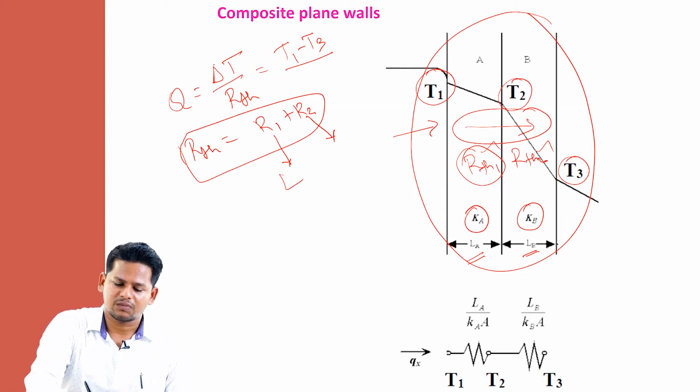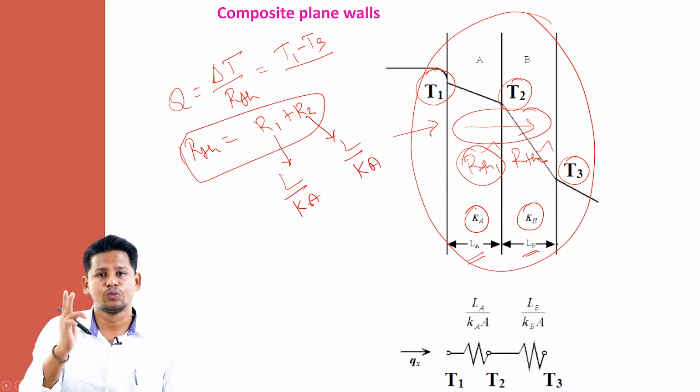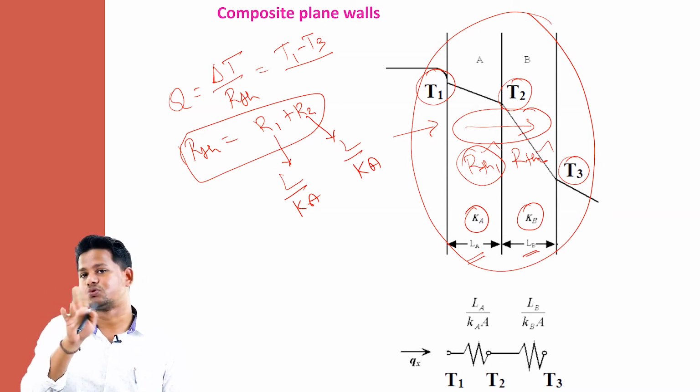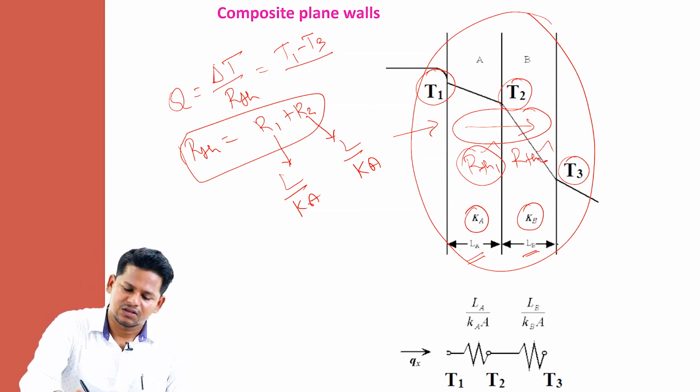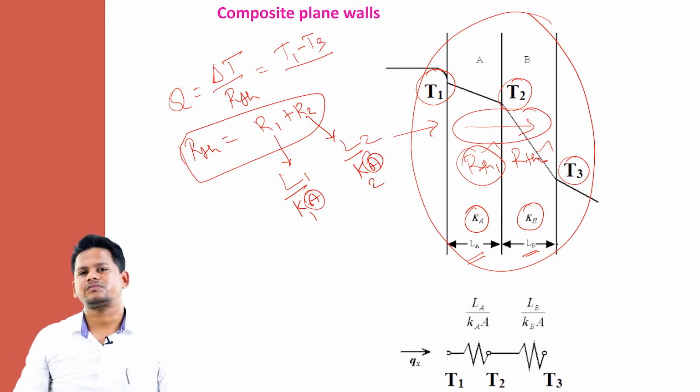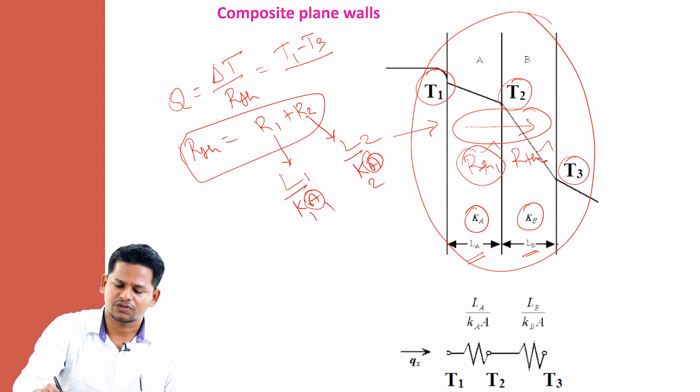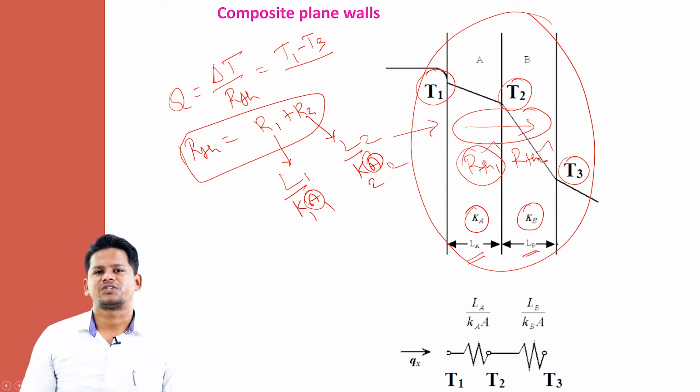R is nothing but L by KA. Again R is L by KA. Since we have two materials here, this is not a homogeneous material, it is heterogeneous. We have two different materials, so this is L1, K1, L2, K2. I'm not mentioning A1, A2 because the area is the same. If you have a different configuration in your area, you can mention A1, A2.